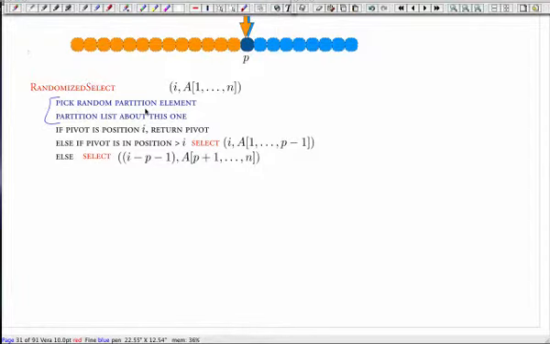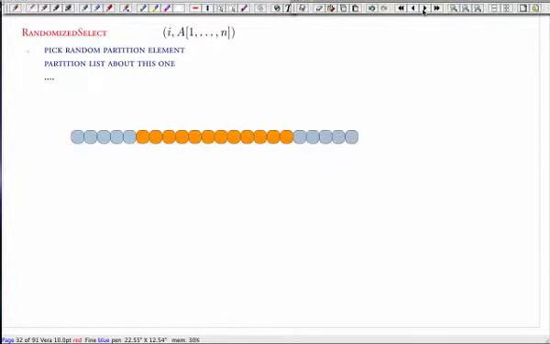Okay? And the idea is the same idea we had in this node communication idea, which is, as long as we pick some element in this orange zone, right? So let's make this orange zone essentially the middle 3/4 of the array.